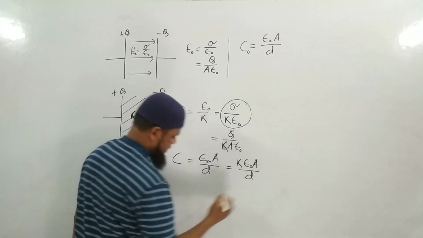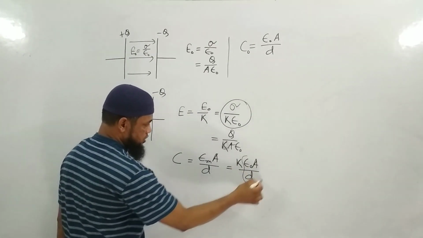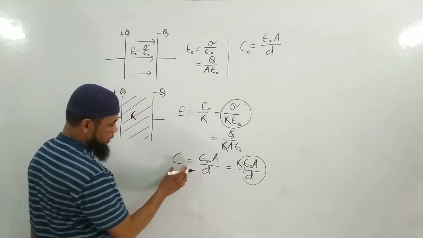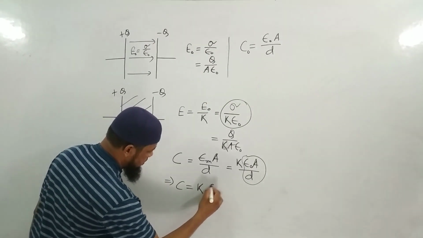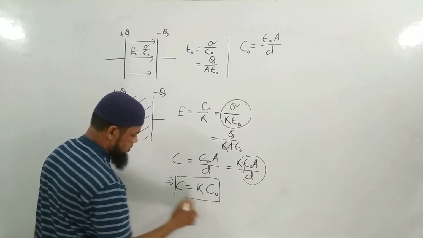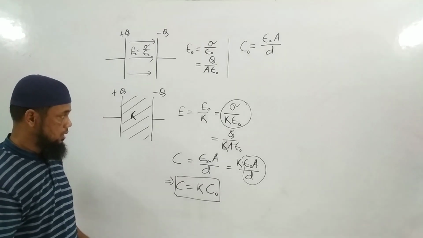So this was the initial capacitance when it was vacuum. Now, with a medium, the capacitance has become K times the initial capacitance.